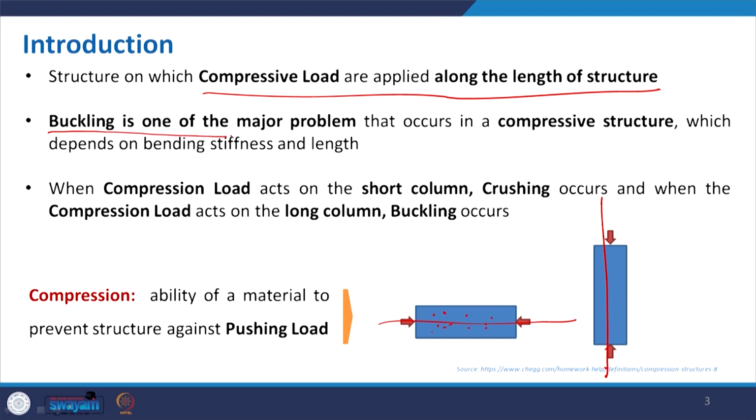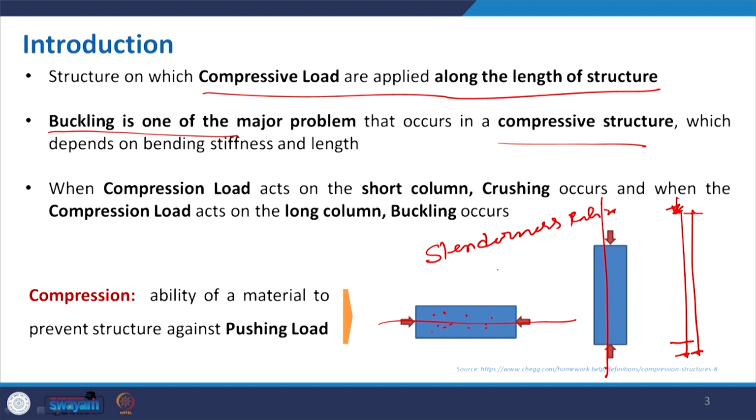Along with that, buckling is one of the major problems that occurs in a compressive structure, which depends on the bending stiffness and length. What exactly is buckling? If you recall, whenever you have a long column, applying load on it will initially compress it, but if it has a higher length in comparison to the cross section, we refer to that as the slenderness ratio, the ratio between the length and the cross section of the structure.